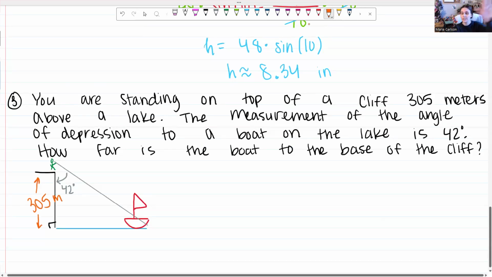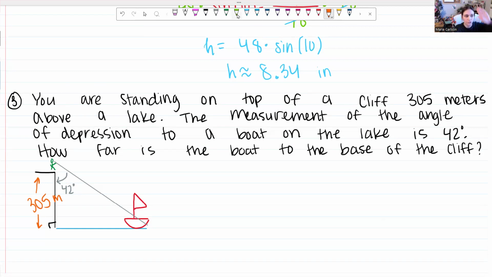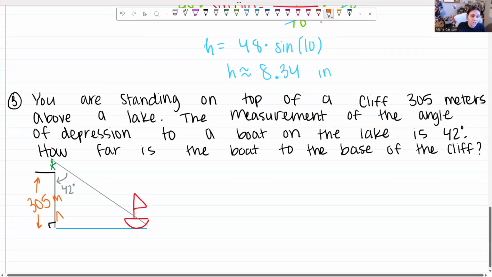Now, this does form a right triangle. We have this top angle up here, this 42 degrees, and we know this 305 meters, which is really the adjacent side next to that angle.